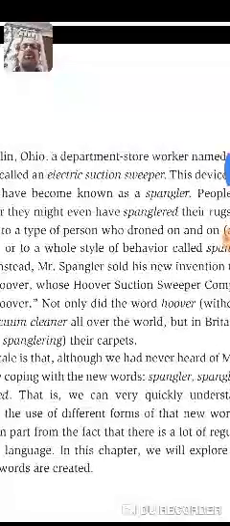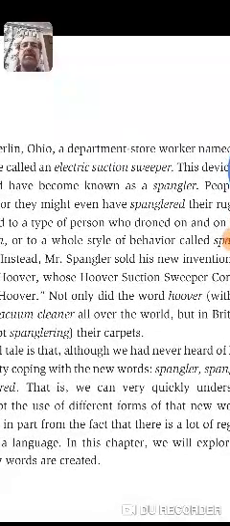The name of this guy was Spangler. Suppose that everybody calls this kind of machine not electric suction sweeper. It's so long. Let's call it Spangler. Why? Because this is the name of the person that made it. So something like a vacuum cleaner is called, suppose, Spangler.